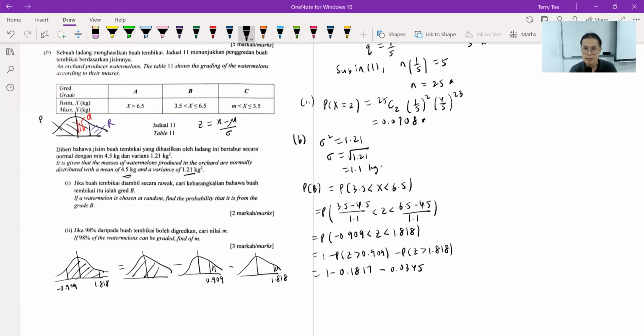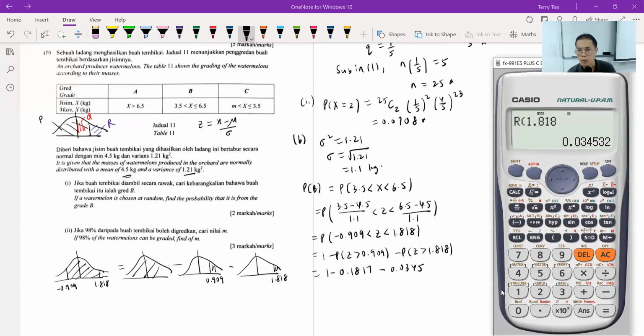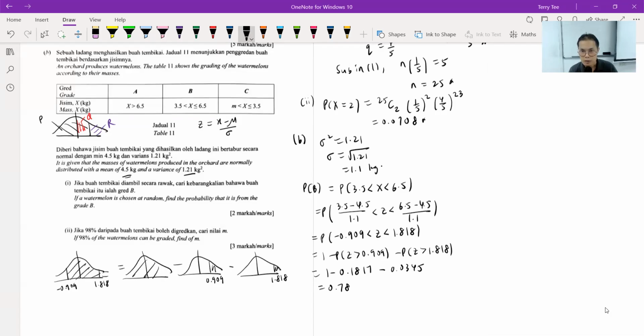Now let's do 1 minus of this. Okay, 1 minus 0.1817 minus 0.0345. There you go, 0.7838.